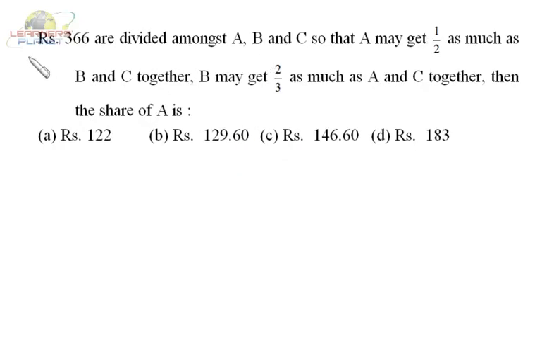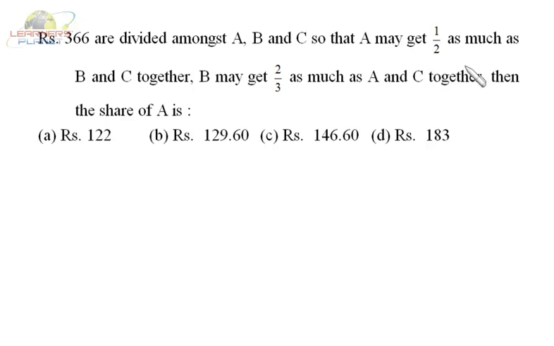Now let's say this problem. Rupees 366 are divided amongst A, B and C so that A may get 1/2 as much as B and C together and B may get 2/3 as much as A and C together. Then what is the share of A? Friends, very simple problem.